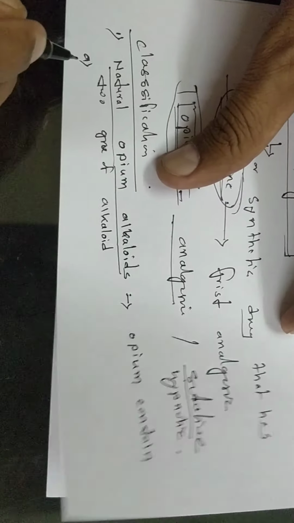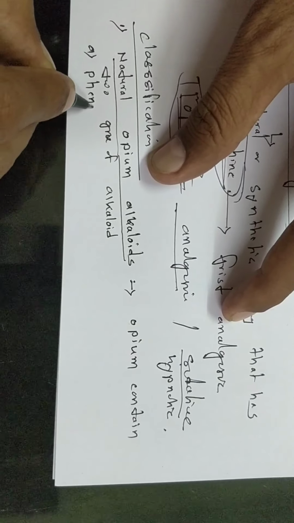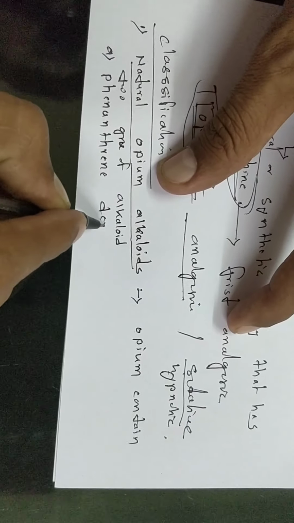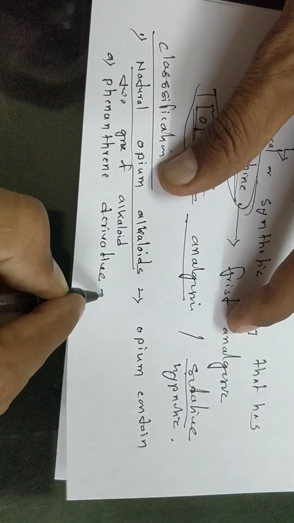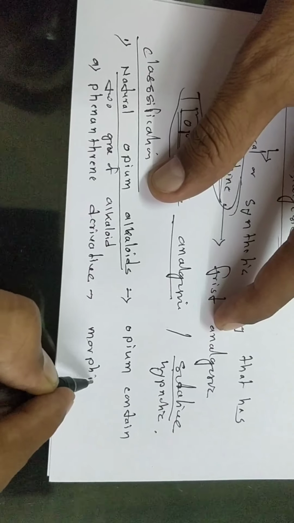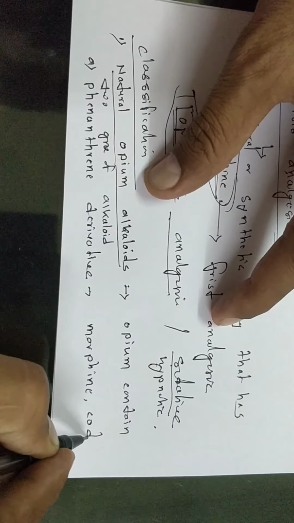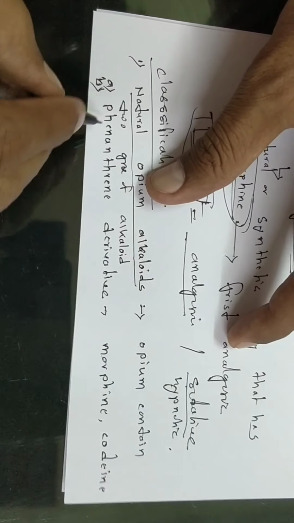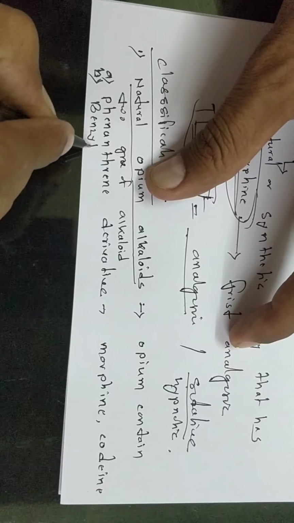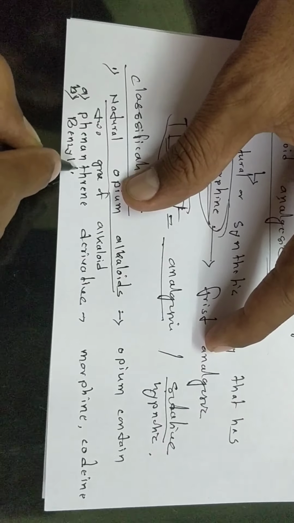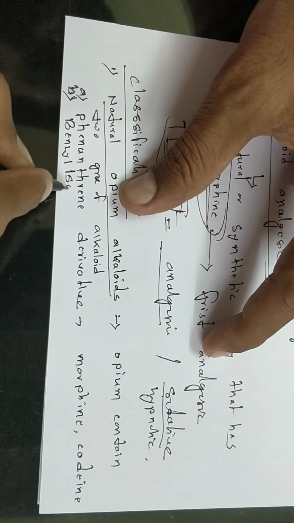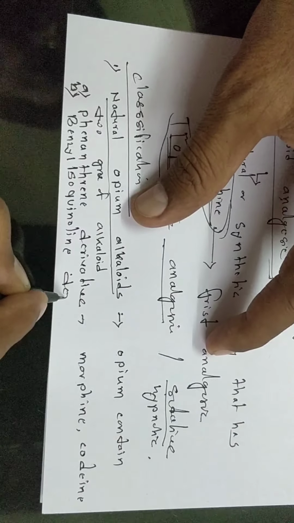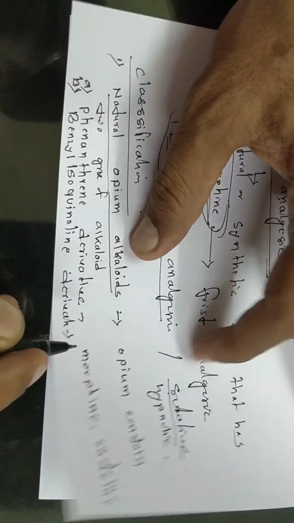A group, that is phenanthrene derivative, example morphine, well known, you know. Then codeine, it acts as an antitussive, codeine phosphate. Second group, B group, is the benzyl isoquinoline derivative. Example, papaverine, noscapine.